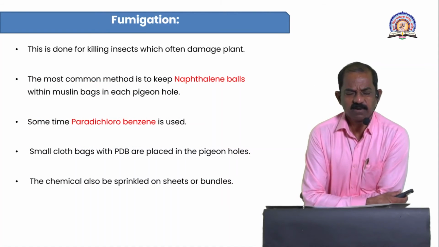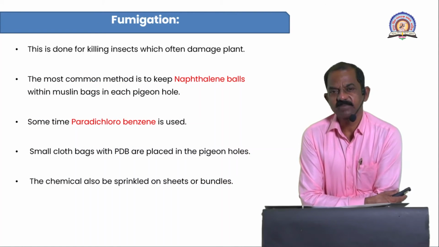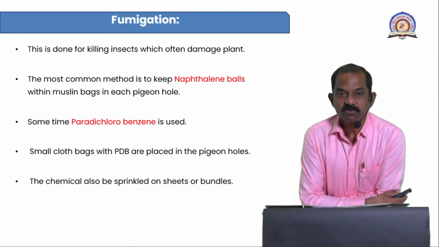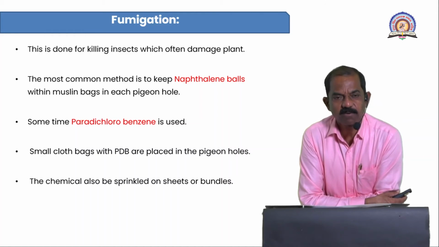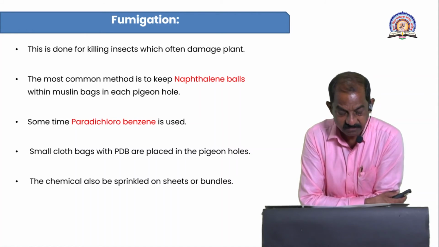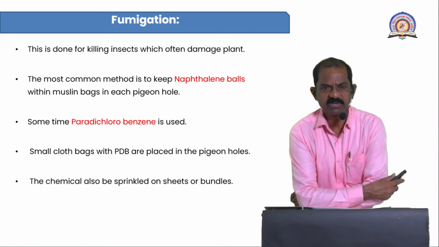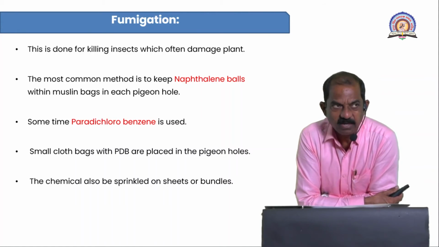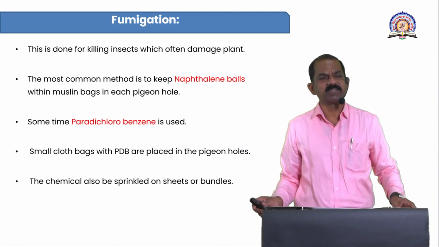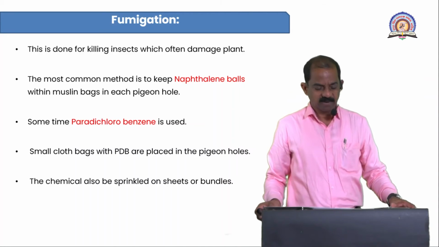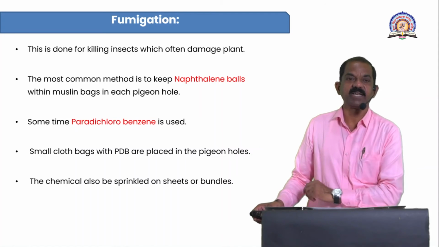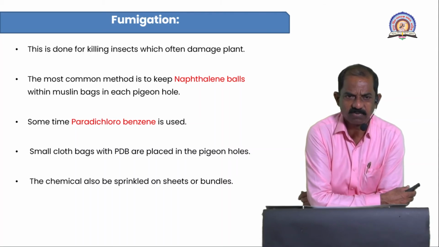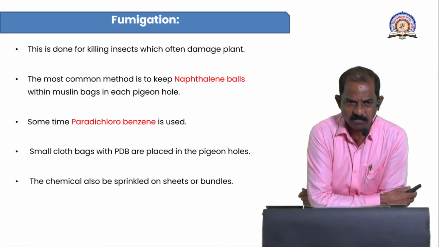Friends, after the proper storage of the herbarium sheets in the cabinet, there is also need of fumigation and a disinfectant, with the help of a naphthalene ball, or a special insecticide as well as pesticide material, so that the plant specimen is kept away from fungal or microbial attack.